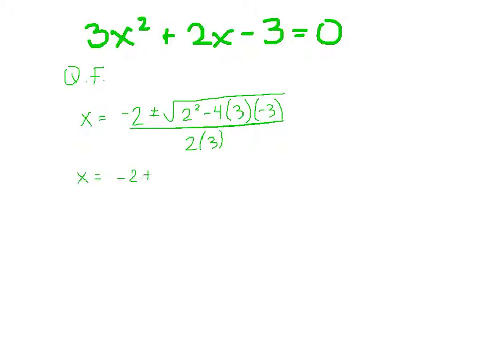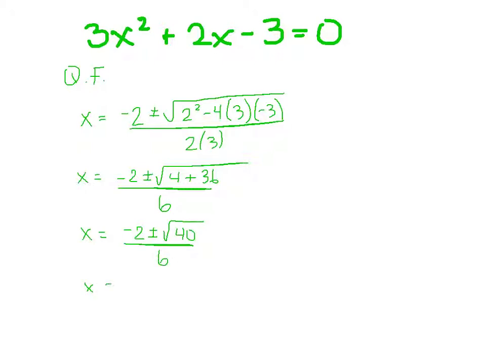Now we just have to simplify this. You get -2 plus or minus the square root of 4 plus 4 times 3 is 12, times -3 is 36, all over 6. So we have x equals -2 plus or minus radical 40 over 6, and you must reduce the radical 40. That becomes -2 plus or minus the square root of 4 times the square root of 10, which is just 2 radical 10, over 6. To reduce, you have to remember the rule of 3: the -2, 2, and 6 all have to be divisible by a common factor, which in this case they are.